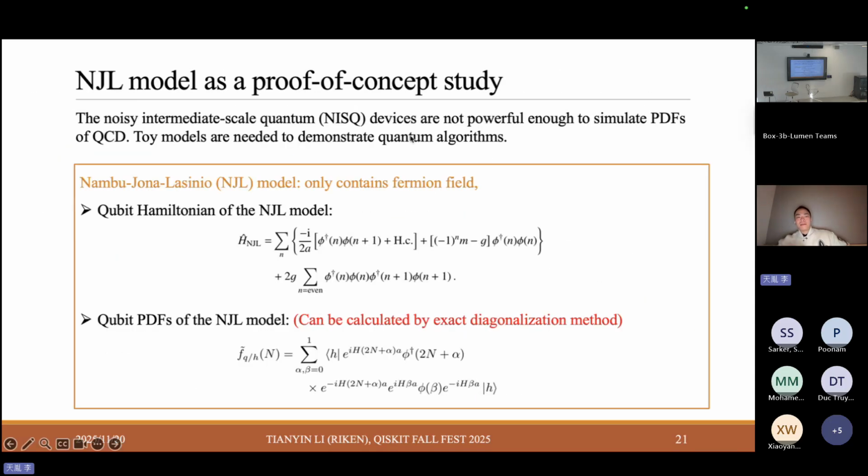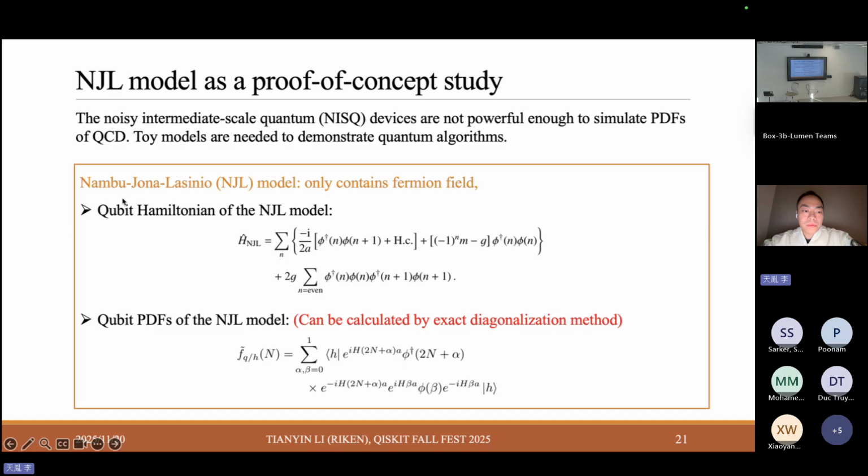Now, as we know, QCD is a very complicated theory. So for near-term quantum devices, we cannot simulate the parton distribution functions of QCD. To test our quantum algorithm, we need to choose a toy model and then calculate the parton distribution functions of the toy model.